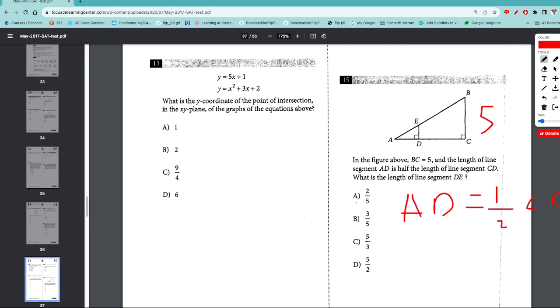The two triangles we have were AED and ABC, right? So if this is, let's say, a half of this, then this whole thing is a 3/2 relationship, right? So then if this is 5, then this would be, because we're saying this is x by 2, and we're saying that this is x, well, then it becomes 3x by 2.